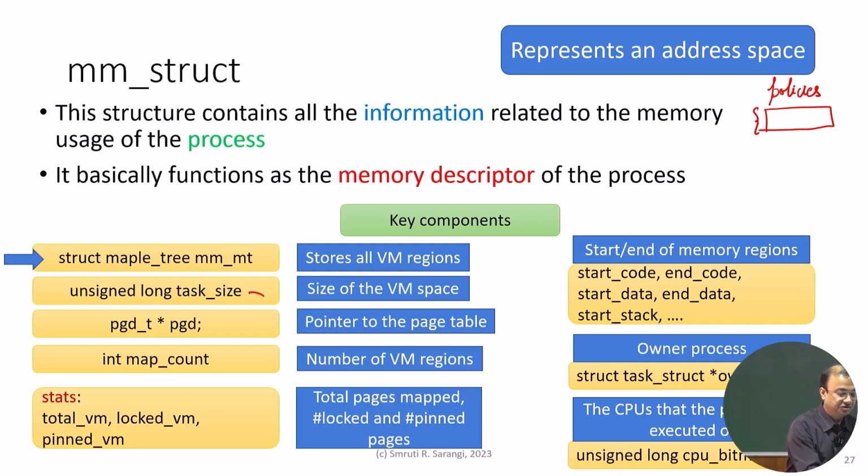One is of course the overall task size in terms of the number of pages that you own. That's a trivial field. But another very important field is a pointer to the page table. The entire multi-level page table with all its data and complexities is represented by a single pointer.